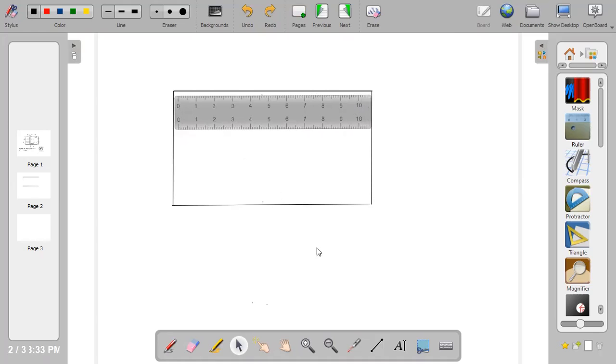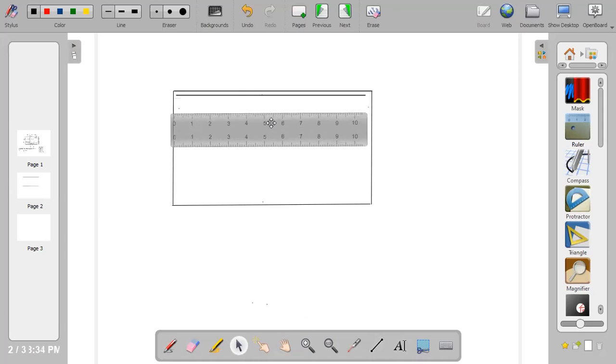Okay. So now I have it. I will ensure that the line does not project into the wall. You will understand when we get there. So I will also draw for the other side.